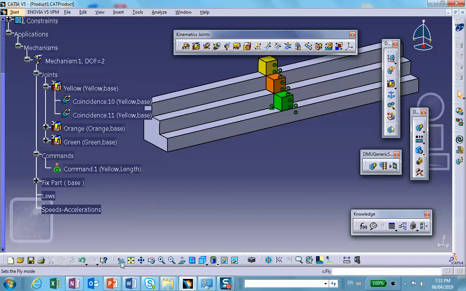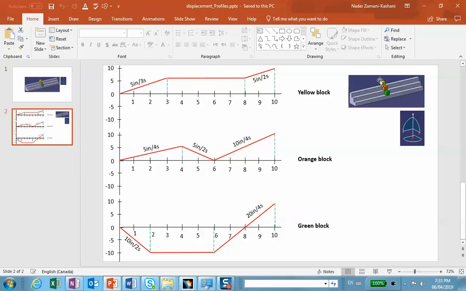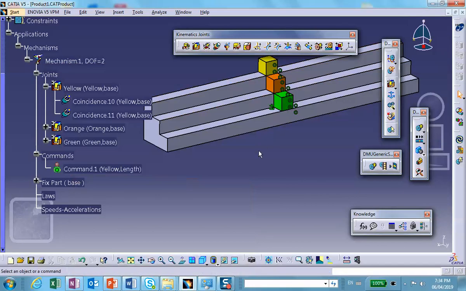And let me remind you that the yellow is moving in the positive direction. This is why I flipped the direction of that blue arrow, so that it actually moves in the direction that I want. Okay, the green one is actually the one that goes in the negative direction, so we'll worry about that later. All right, that takes care of this.